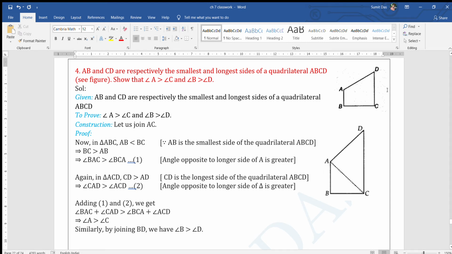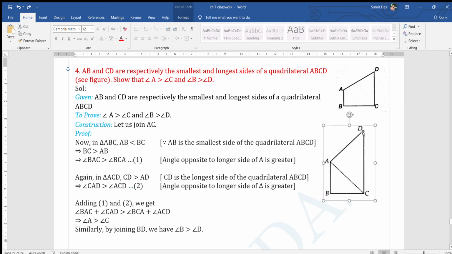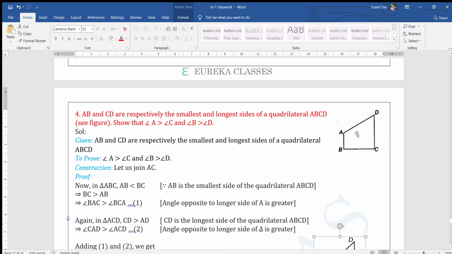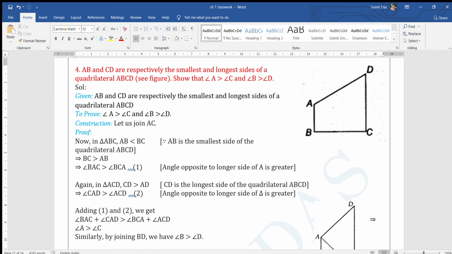Before starting, I'm hiding this diagram, otherwise you will not understand why I'm doing this. First of all, we have to prove some angle greater than some angle. That is not a very big thing because we already did many questions like this.